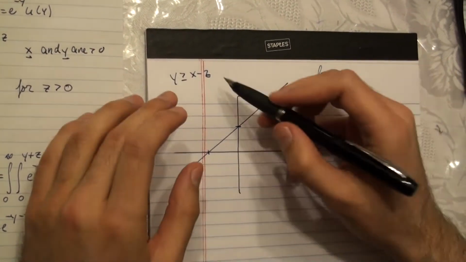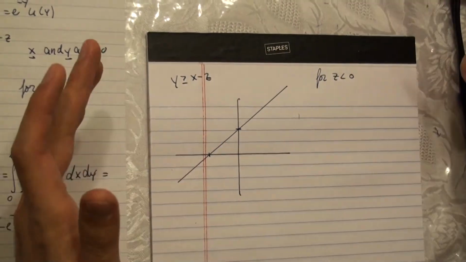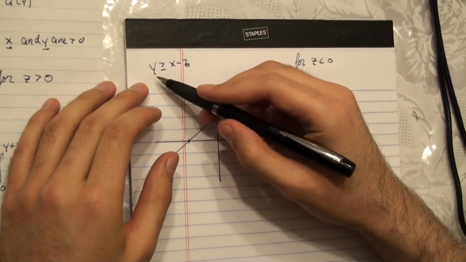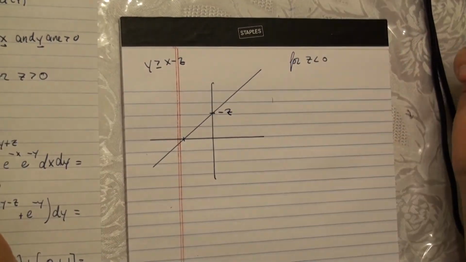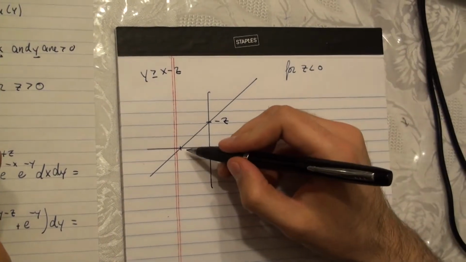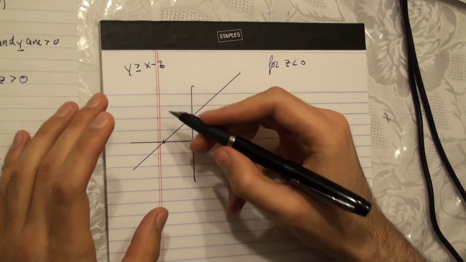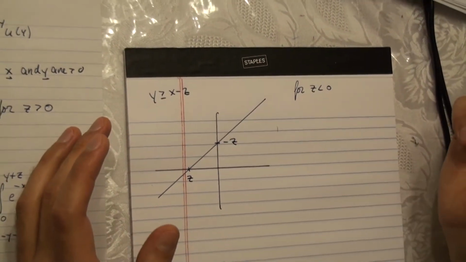So when x is 0, y plus z is 0. Right? But z is a negative number, so y has to be minus z, which is a positive number. Here is the point when y is equal to 0, so that means x must equal z, which is a negative number.